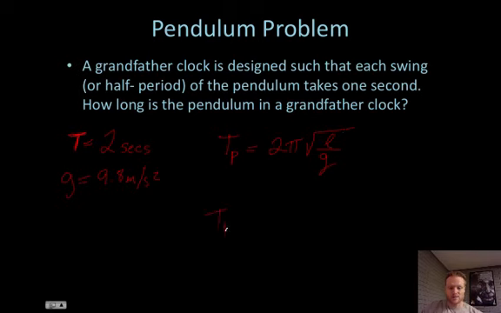So I have T_P squared equals 4 pi squared times L over g.